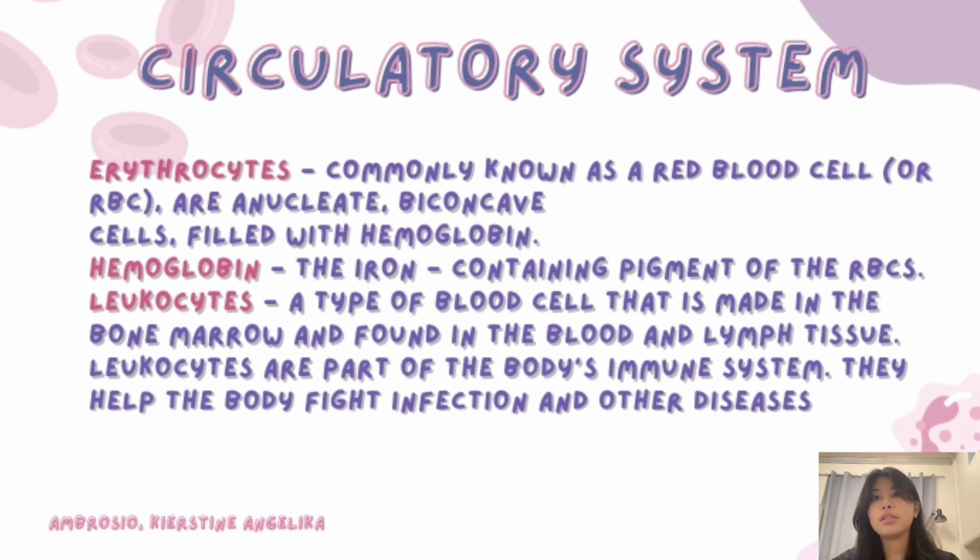Erythrocytes, commonly known as red blood cells or RBC, are anucleate biconcave cells filled with hemoglobin. Mature erythrocytes have no nucleus. This cell consists of a membrane that encases hemoglobin, the iron-containing pigment of the RBCs.